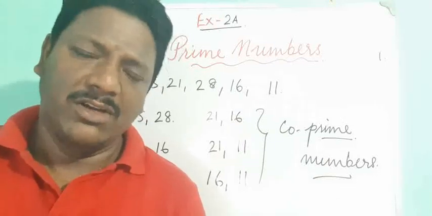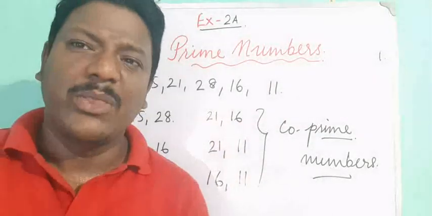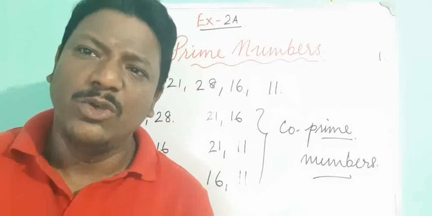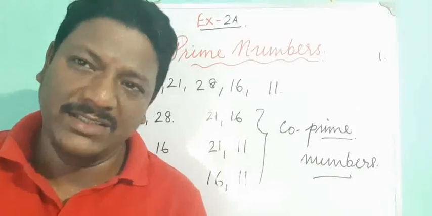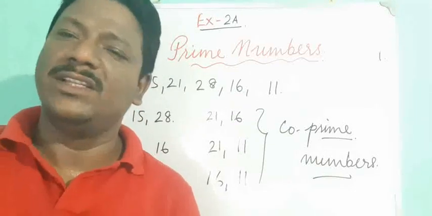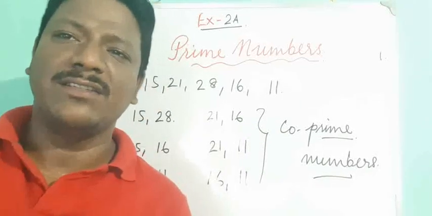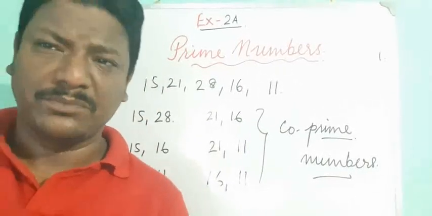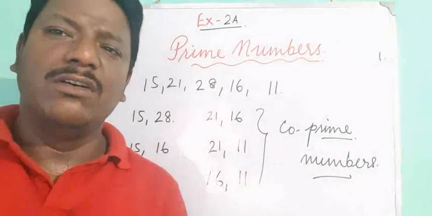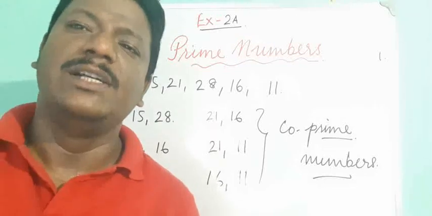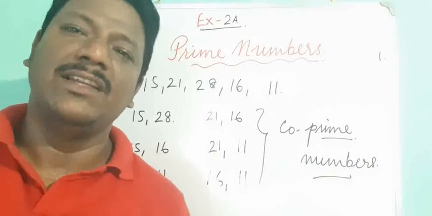Then we have the prime numbers, which have no factors other than 1 or the number itself. And co-prime numbers are the pair of numbers which do not have any common factors between them other than 1.